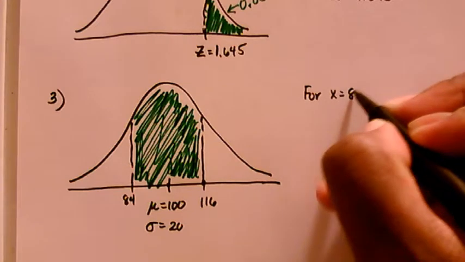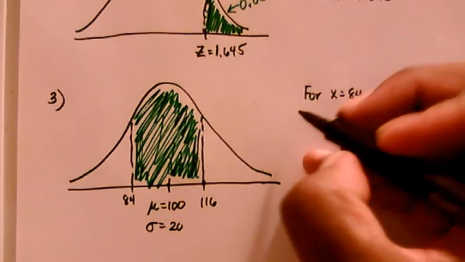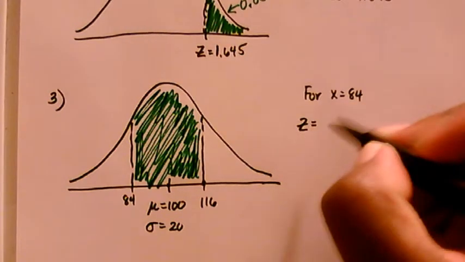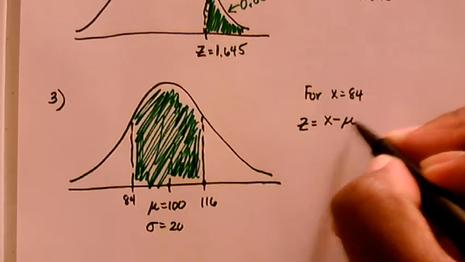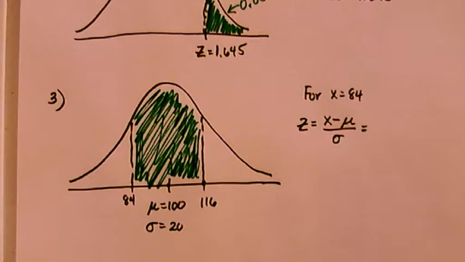Now, for x equal to 84, we need to convert that to a z-score using this formula. Z is equal to x minus mu divided by sigma. That will give us our z value.